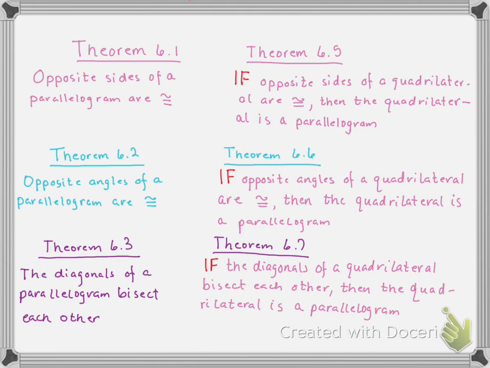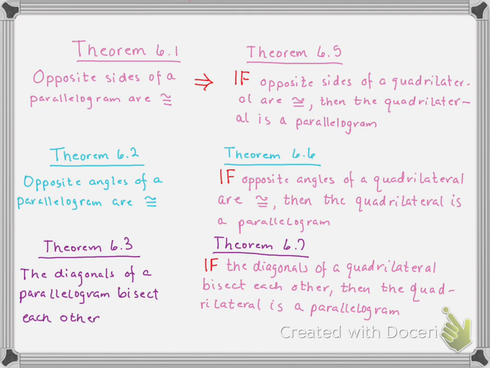For example, theorem 6.1 says opposite sides of a parallelogram are congruent. Theorem 6.5 right next to that says if opposite sides of a quadrilateral are congruent, then the quadrilateral is a parallelogram.